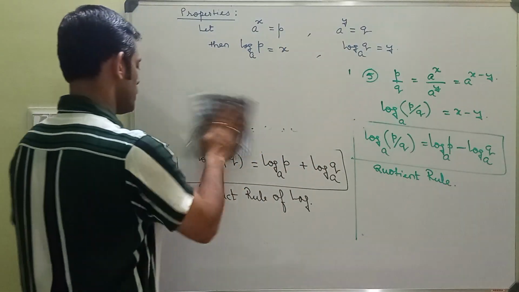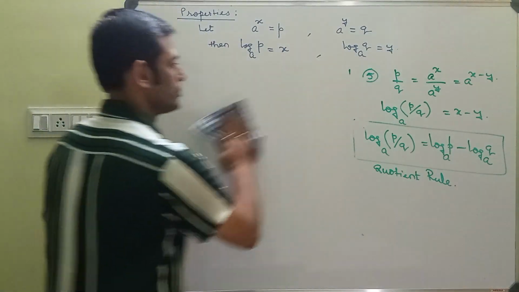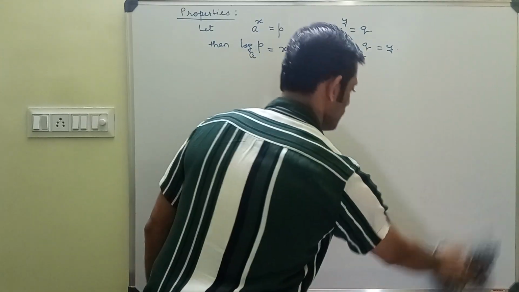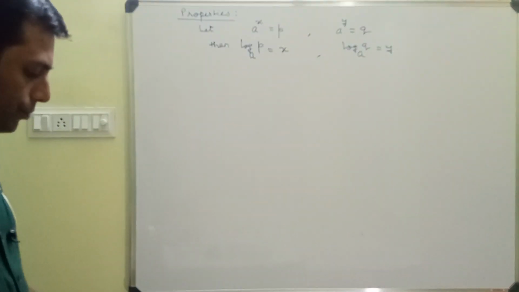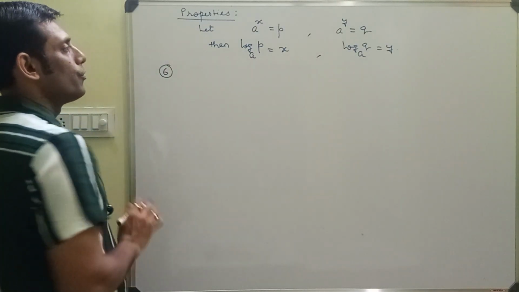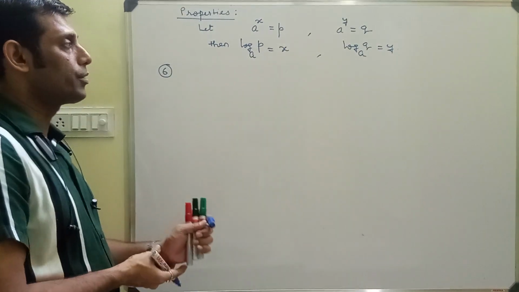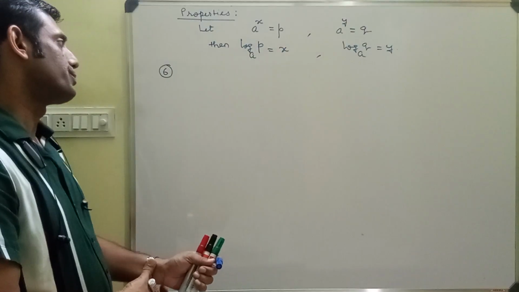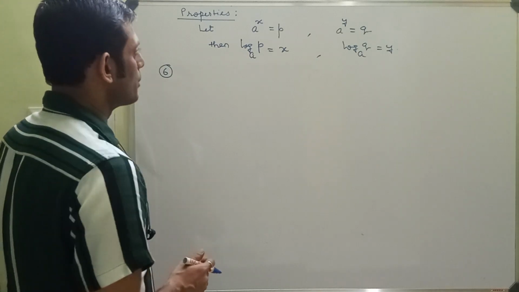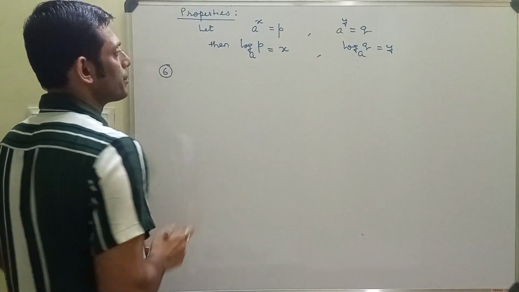Property number 6. What can that be? You have taken the product and quotient of P and Q. Now, in this sixth case, say for example, a power x is equal to p.